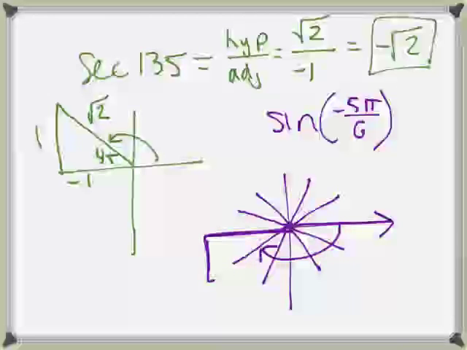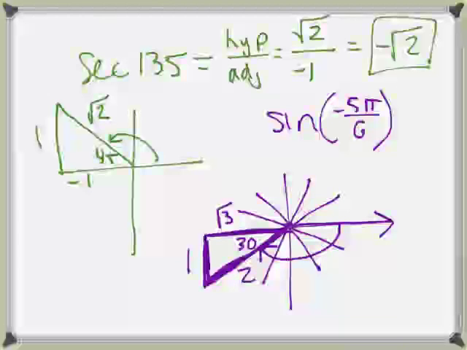And how big is that reference angle? How big is each slice? 30. 180 divided by 6 is 30. Label the sides 1, 2, and square root 3.